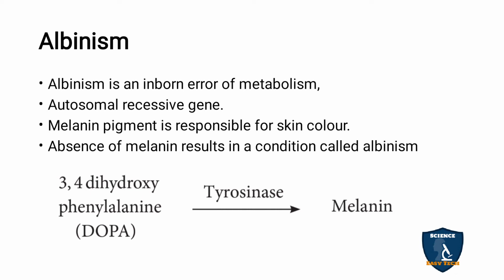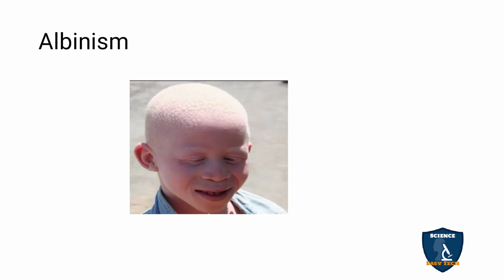Albinism. You can see the picture here. There is no black color spot; there is a complete absence of melanin, even in the hair and in the eyes. The cornea won't be black in color.